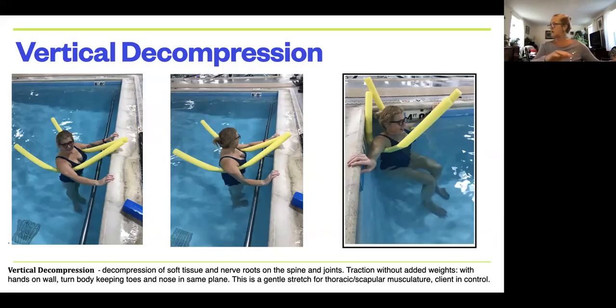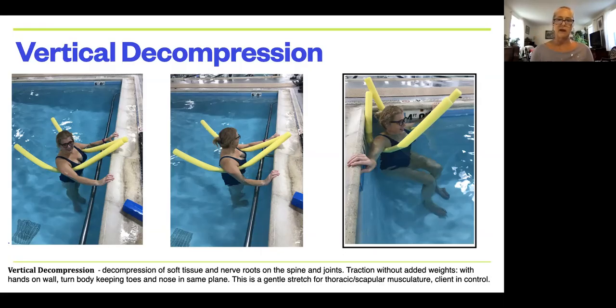So the bottom side is not twisting and the head's not going in the opposite direction. The whole body's moving as a whole. And at the beginning, I might stand behind the individual and assist everything turning one direction and then the other. And their whole spine is in alignment when they're doing this activity. They're not rotating their neck.